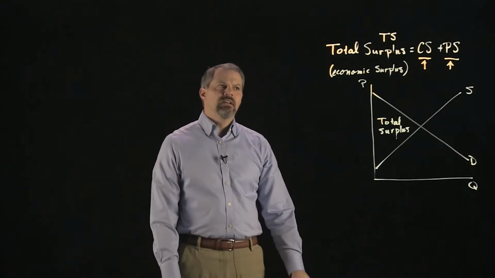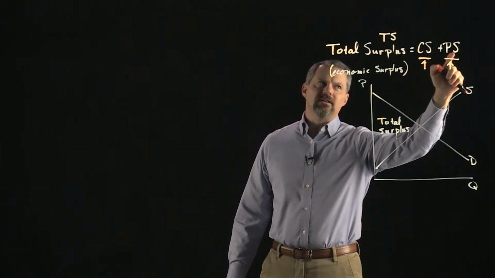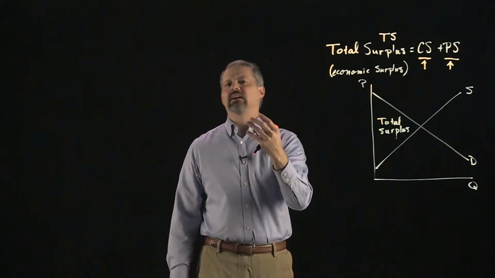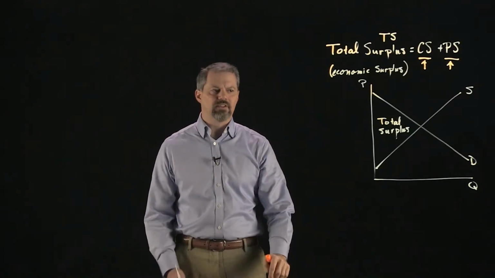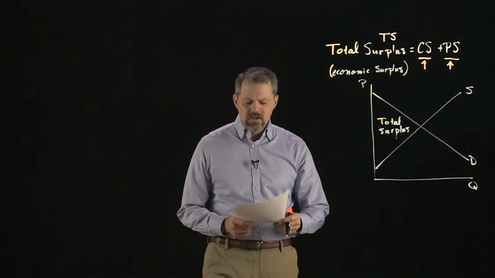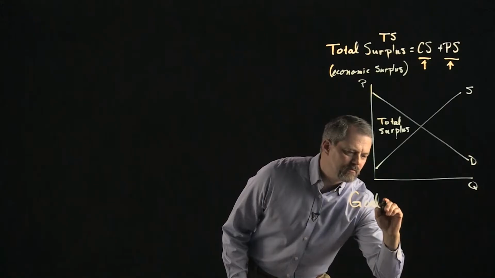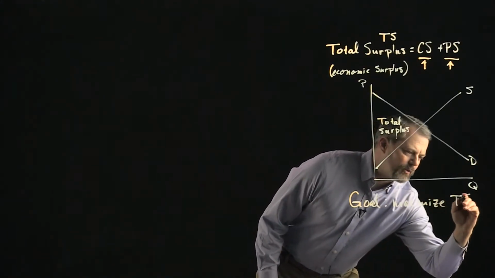So we're just going to add up the well-being of buyers and the well-being of sellers, because all of us are both, and we're going to think about how we can maximize the well-being of all of the people on both sides of this situation. So our goal is to maximize total surplus.